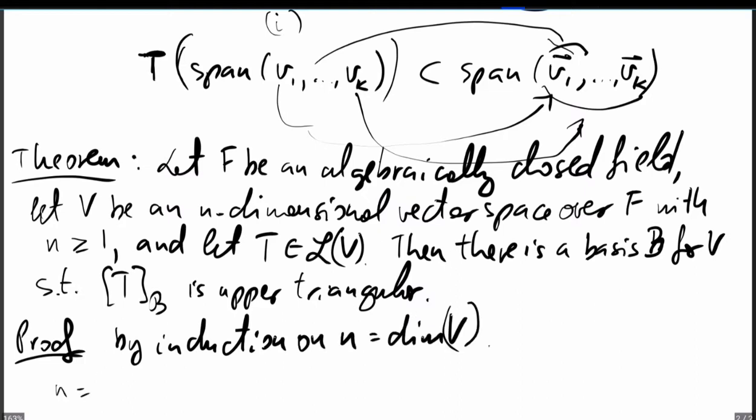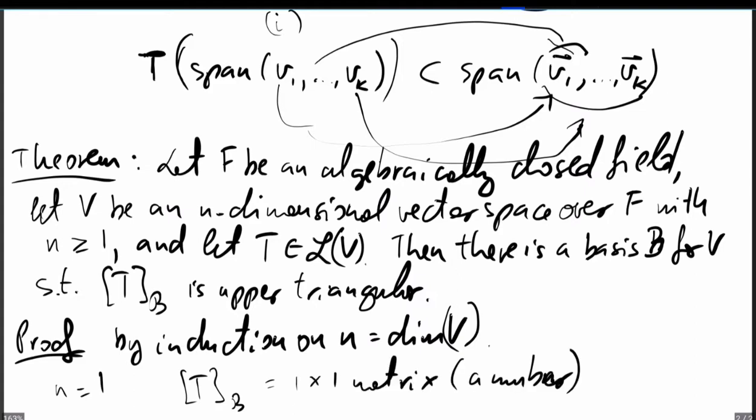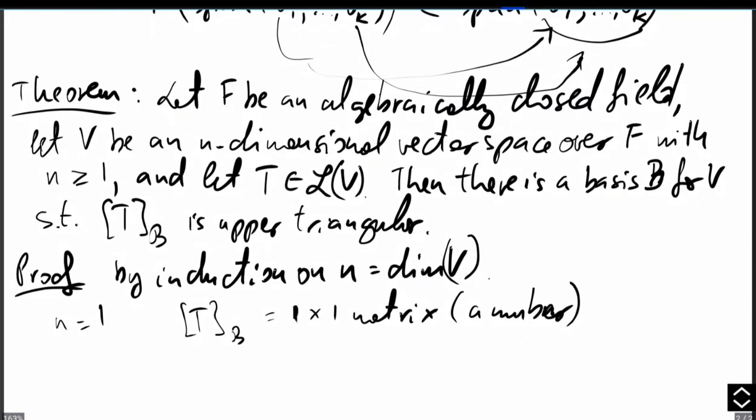We start with n equals 1. V is one-dimensional. In one dimension, no matter what basis you have, this is a 1 by 1 matrix, which is just a number. And by the definition of upper triangular, this is upper triangular. The definition of upper triangular is that under the diagonal we have zeros.